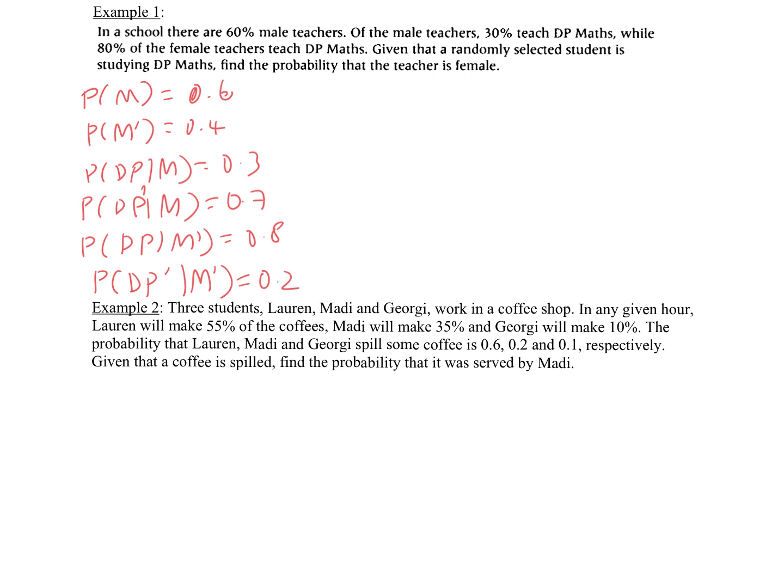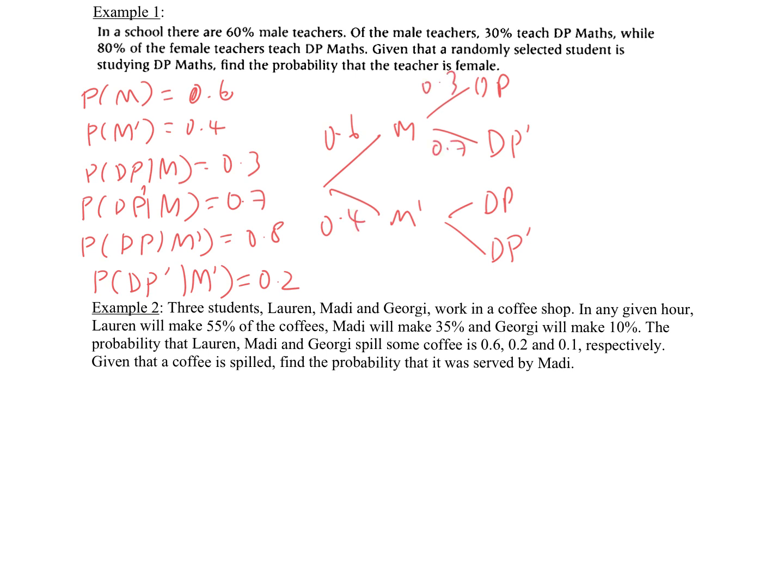If we look at this in the diagram, we have M and then M complement, then DP, DP complement, and then DP, and then DP complement. So we know this is 0.6, this is 0.4, this is 0.3, this would be 0.7, this is 0.8, this would be 0.2.